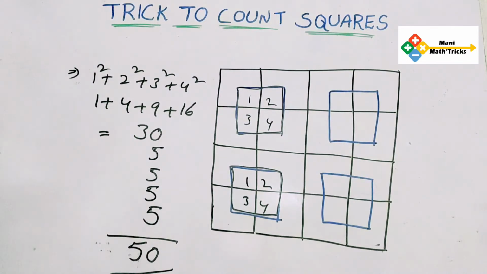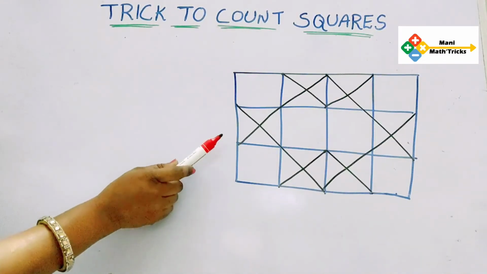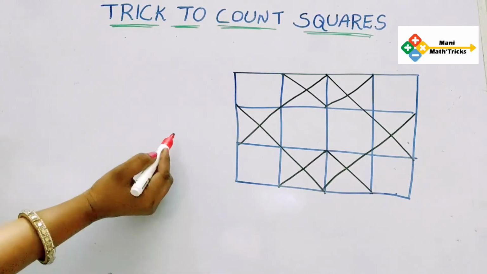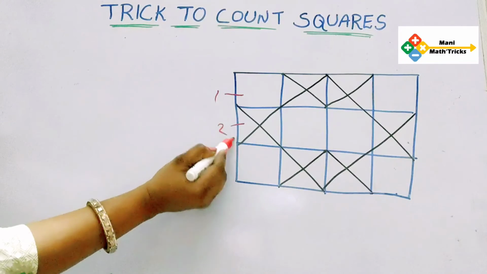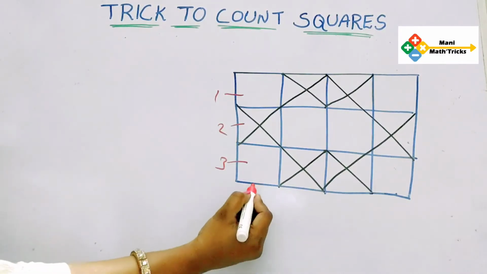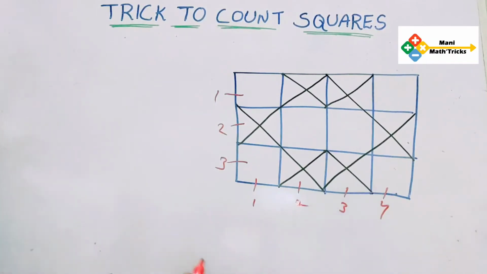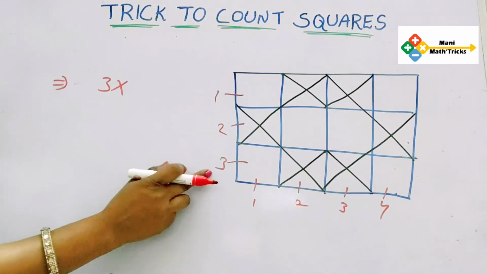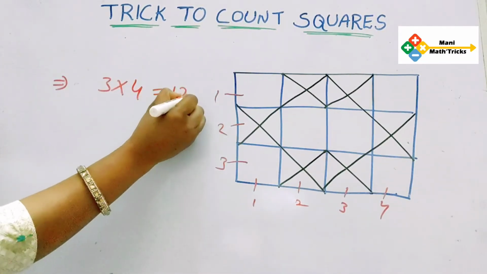Now let us see the next model. Let us see how to find the number of squares when the figure is given like this. Now if you observe this, vertically 1, 2, 3 and horizontally 1, 2, 3, 4. So this is not a symmetric figure. In that case, 3 multiplied by 4 is nothing but 12.